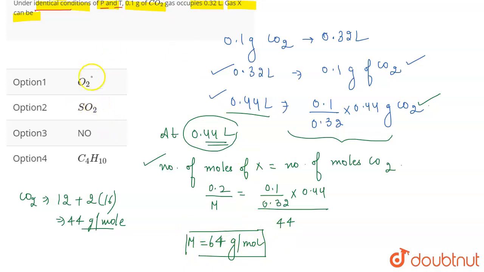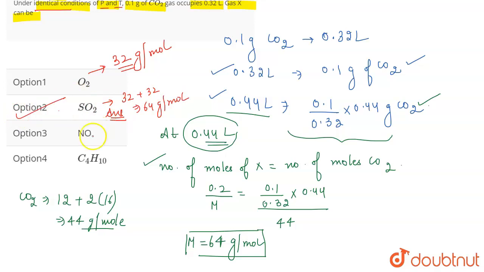If we talk about O2, it has a molar mass of 32 gram per mole. Talking about SO2, sulfur has a mass of 32 and O2 has a mass of 32. This becomes 64 gram per mole. So the gas X is actually SO2. If we talk about NO, then NO is 14 plus 16, which becomes 30, which is again not the answer.